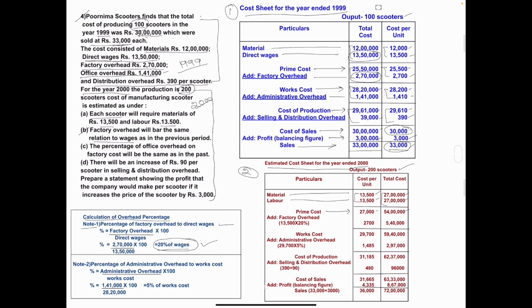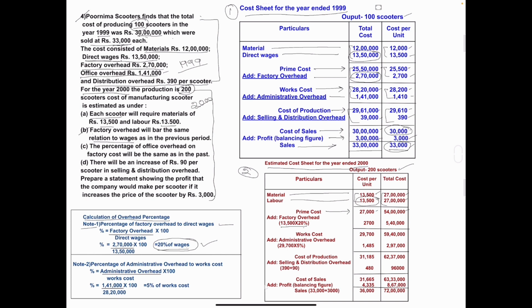How much it is? See the cost per unit column, 13,500. Yes, labor means direct wages. So amount is 13,500. So write in the bracket, I have written here 13,500 into 20%. From here I have taken note 1, 20% of wages. So whatever the direct wages amount is there or labor amount is there, of that 20% we have to take as factory overhead according to point B.